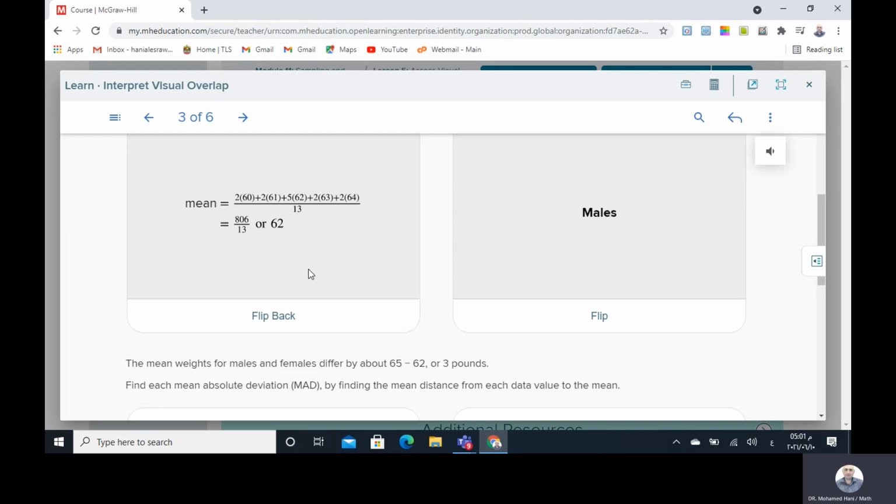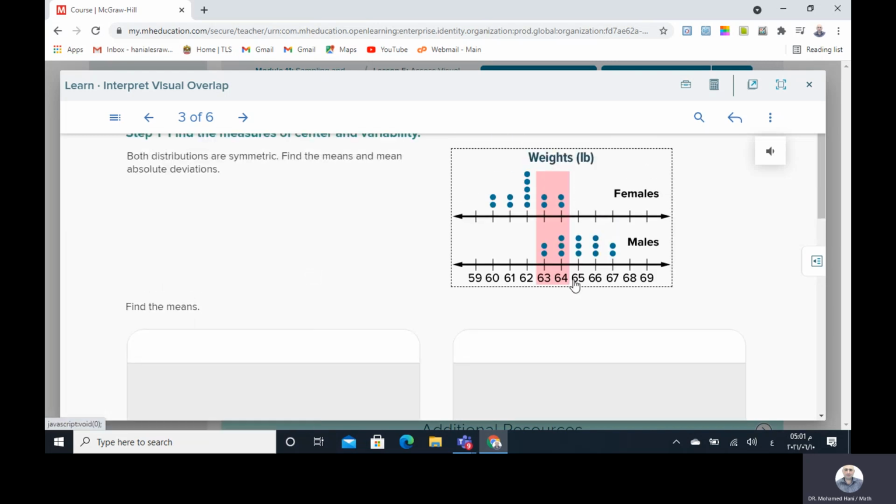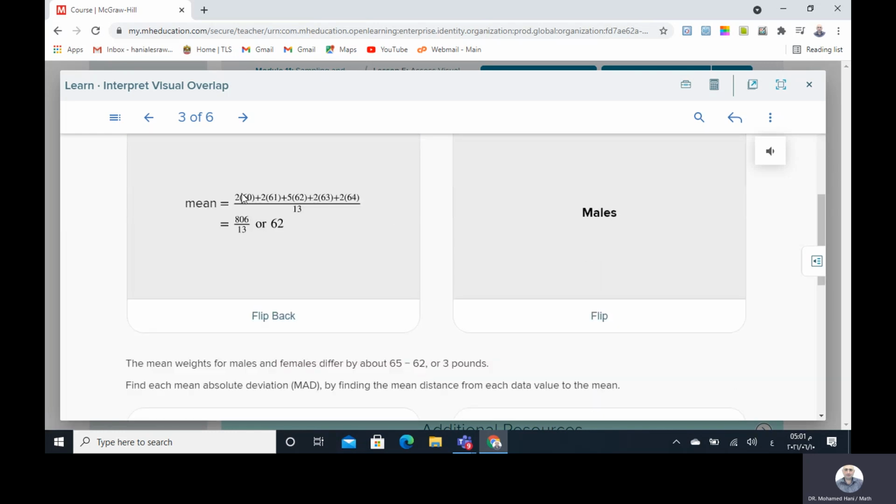As you see here, we have 2 dots times 60, plus 2 dots times 61, plus here we have 5 times 62, plus here we have 2 times 63, plus 2 times 64. Divide by the number of dots, which is 13, so the answer will be 62.